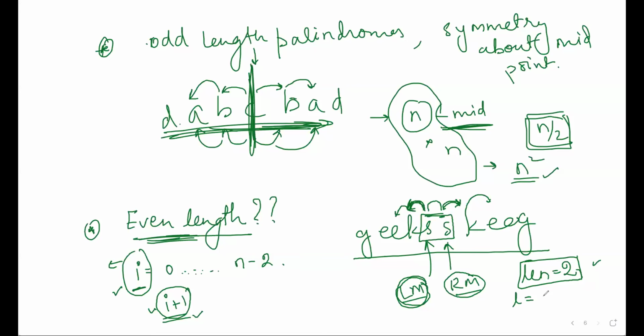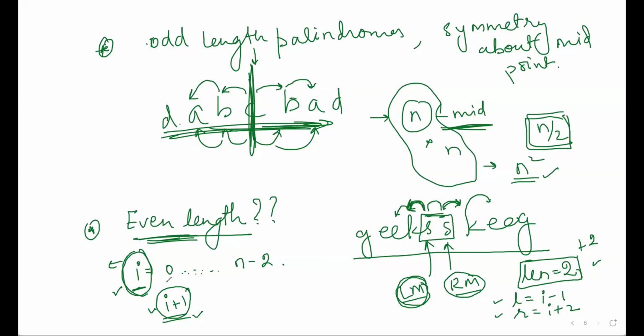So your left will start from I minus 1 and right will start from I plus 2. You'll compare those characters. If they are equal, you'll increment your length by 2. If they are not equal, you'll stop there. So here there is only one addition. First, you are focusing on one of the midpoints, that is the left midpoint.